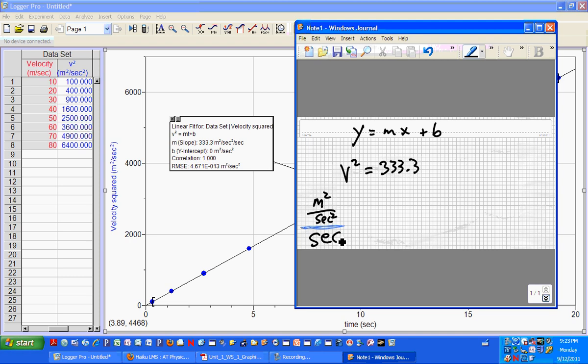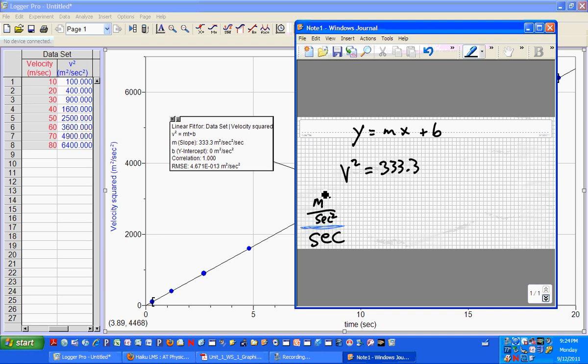So what happens is I've got the bottom of the bottom. Wow, this is weird. That is meters squared per second squared. It's going to be change in y over change in x. Yeah, that's what that is.